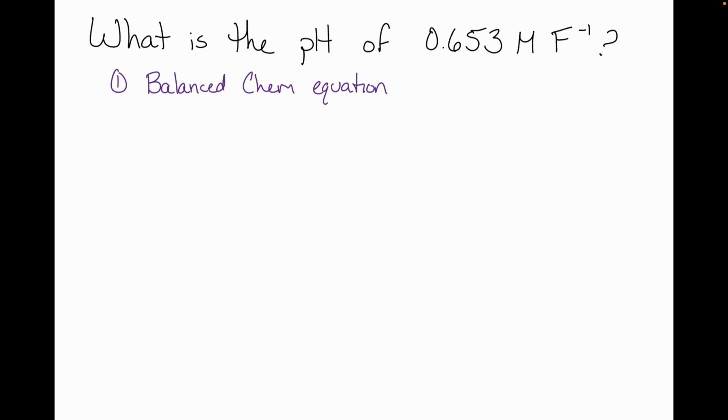Okay, so I'm going to do my balanced chemical equation with water. The fluoride ions are going to be playing the role of the base. So that means that water is playing the role of an acid here. So everybody take a second to predict the products of this reaction.